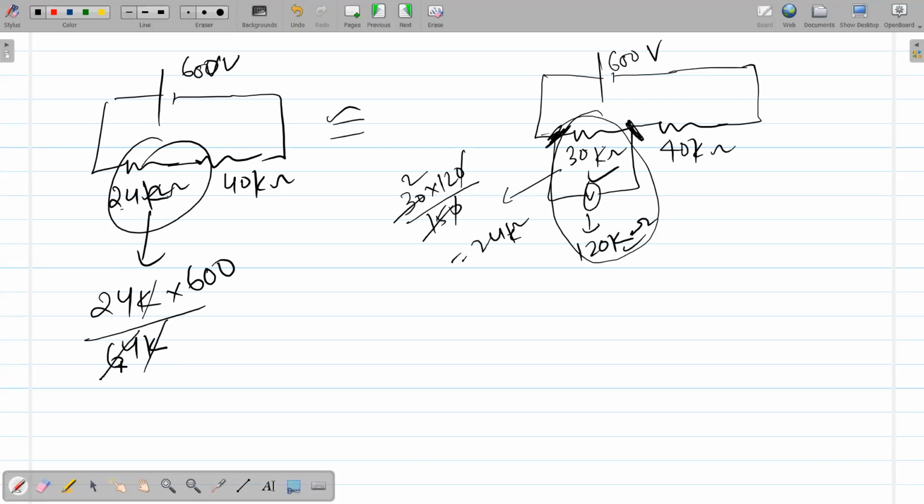I can cancel this by 4 times, this is 6, this is 3, this is 8, and I can further cancel this by 7 and 5. Clear? So this is 3 into 75, that means 225 volt is the answer.